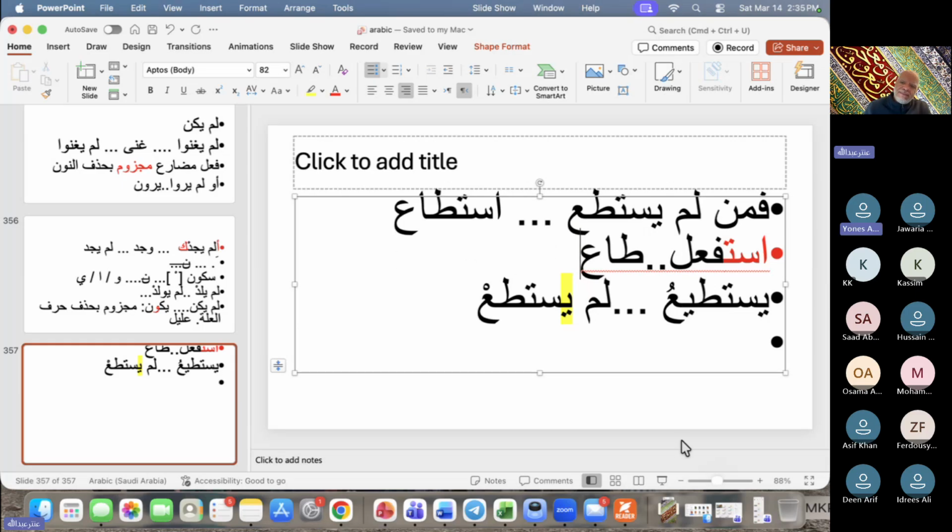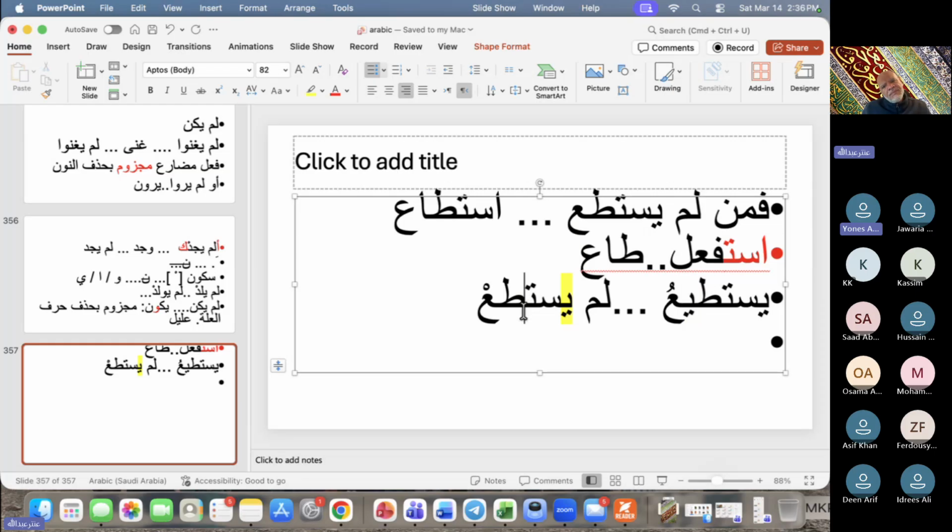Doctor, is it necessary for us to know, for example, in the word lam yastati', that there was a ya between the ta, like how we took out the ya now? Is it necessary for us to know that it was removed, or is it enough that we see the sukoon in lam yastati'?